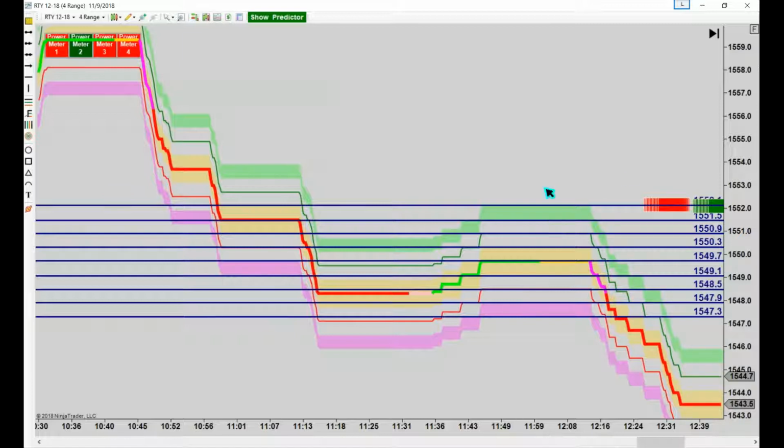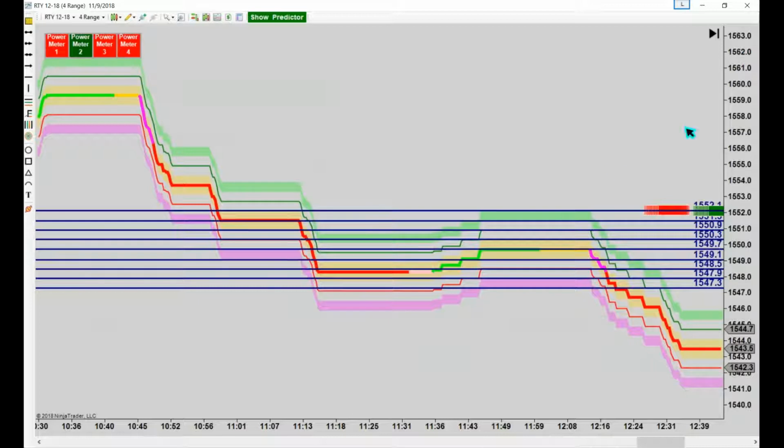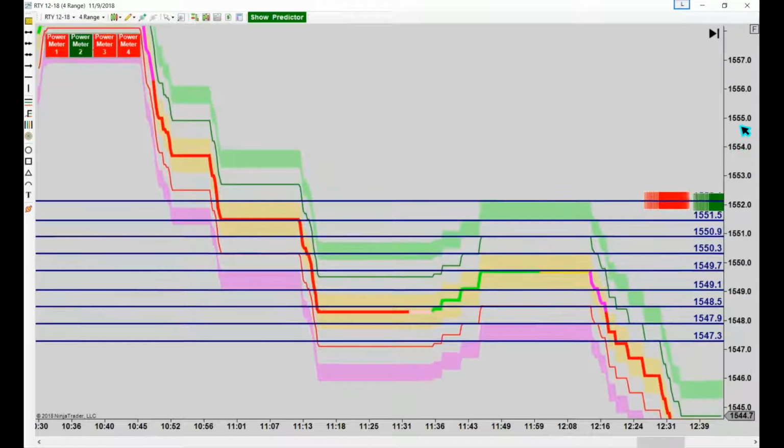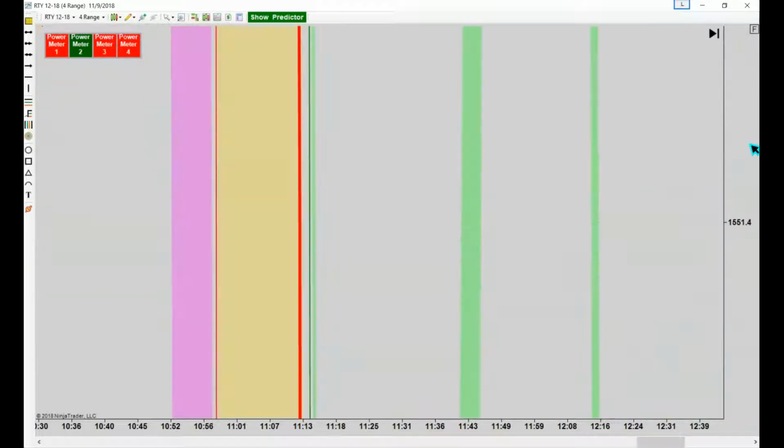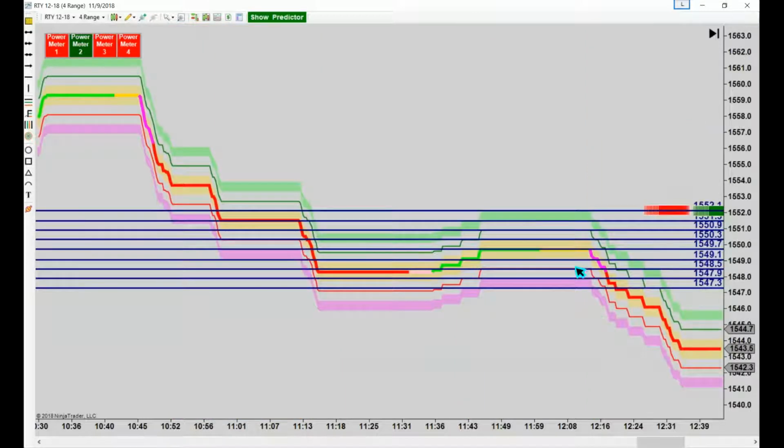Now, when you're seeing this in real time on your chart, let me stop this for just a minute so everybody gets the gist of it. Line 0 all the way through line 8. So in the room, when we talk about line 2, you're going to know that's 0, 1, 2. If I say I'm looking for a trade long between line 1 and 2, then you'd be looking for this trade right down here.